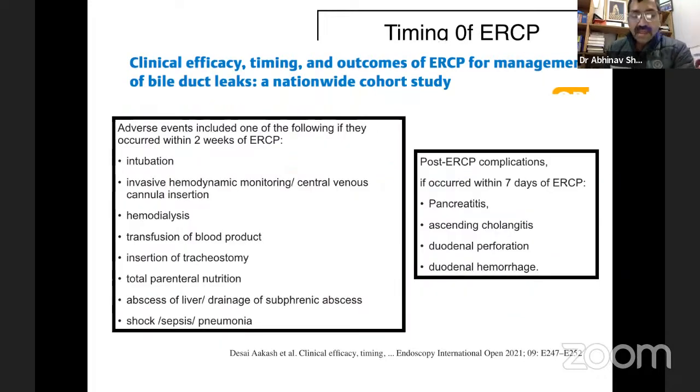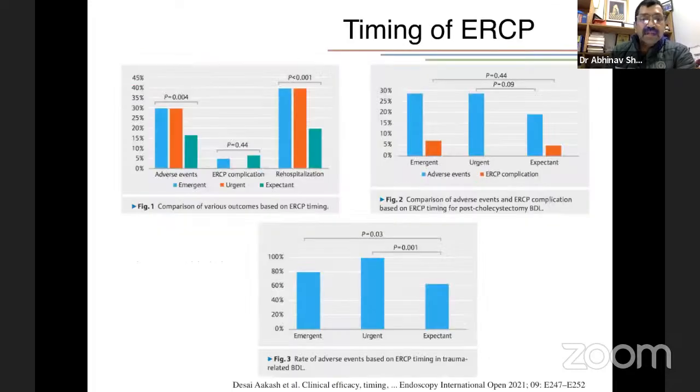In this study, they defined adverse events as those related to anesthesia or blood loss, that is transfusion, or if prolonged ICU care was required, and ERCP complications they defined as pancreatitis, cholecystitis, duodenal perforation, duodenal hemorrhage. So these are the results.